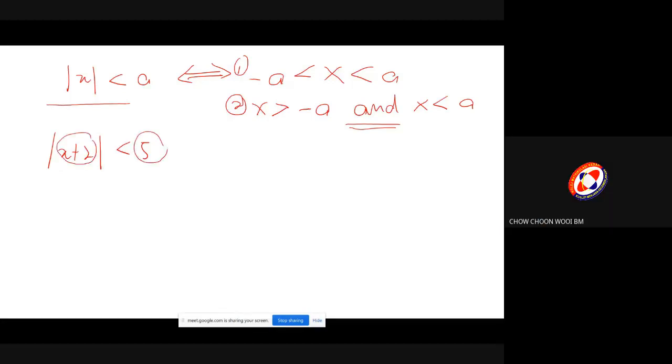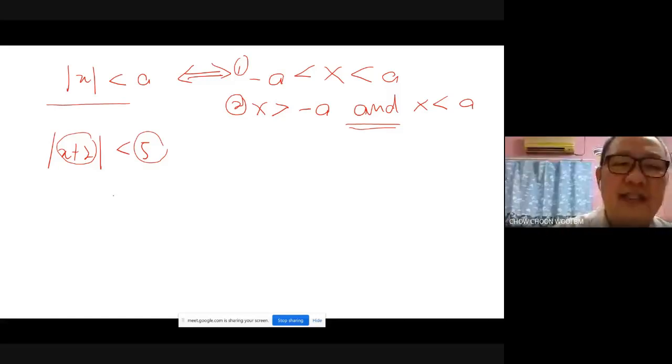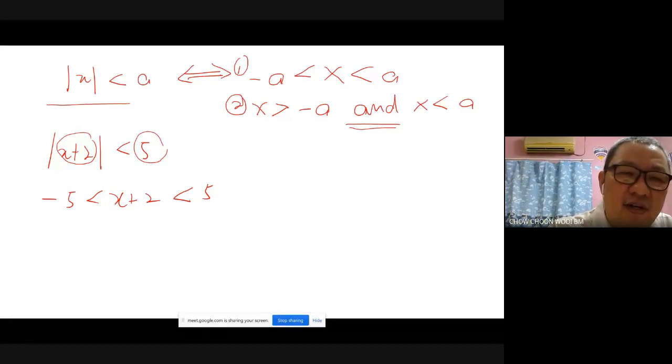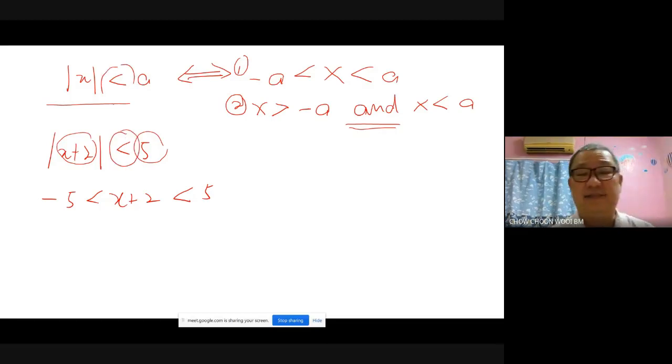So you can rewrite it as x plus 2 buat di tengah, less than or equal to 5. Apa yang di tengah-tengah modulus itu, buat di tengah. So negative 5 is less than or equal to x plus 2, and it is less than or equal to 5. Ini maksudnya. So this lesson setakat ini is only for less than.